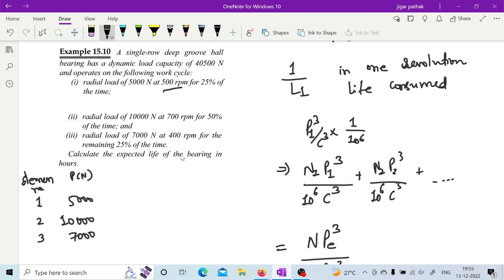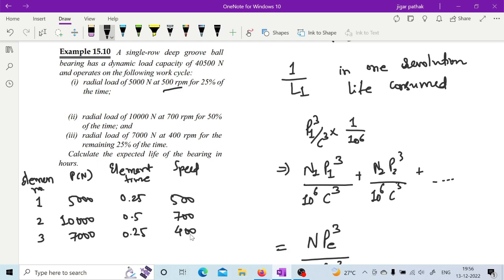Then the duration, the element time, that is 0.25 minute, then 0.5 minute, and again 0.25 minute. And speed is mentioned in RPM as 500, 700 and 400.